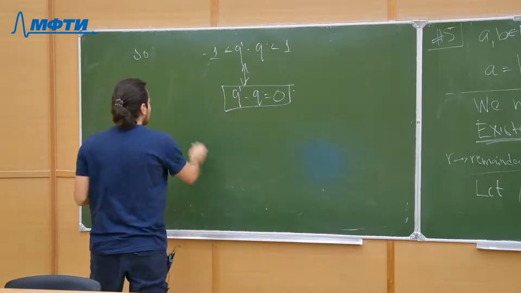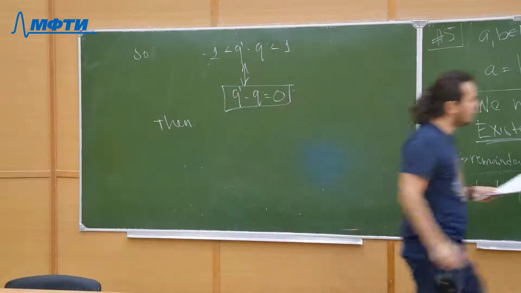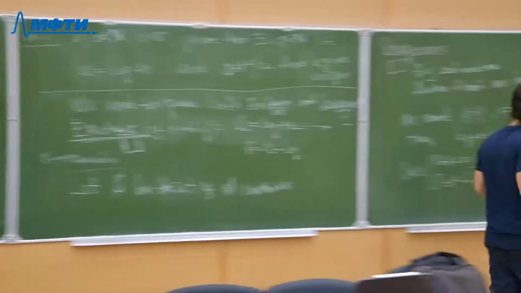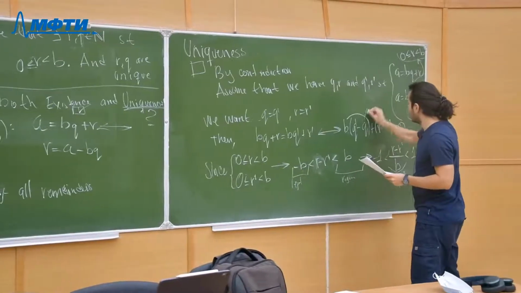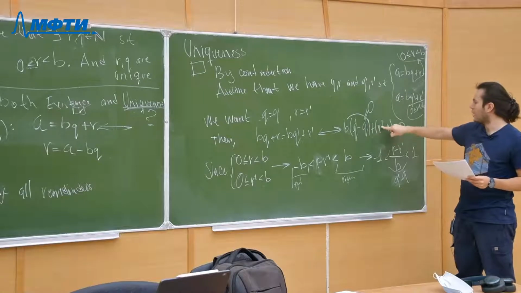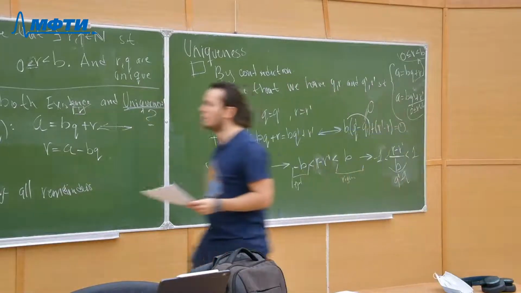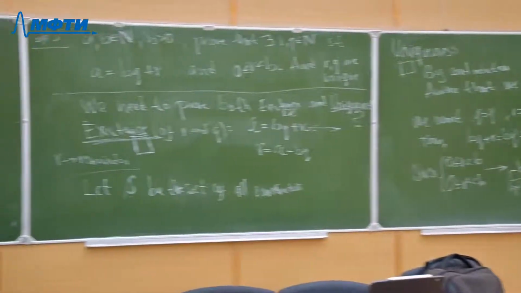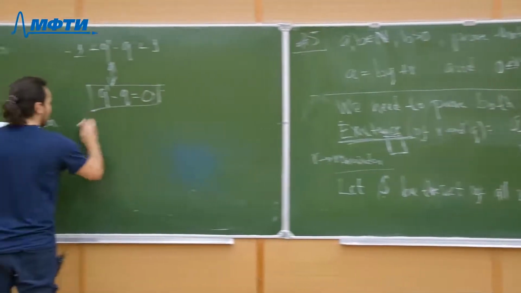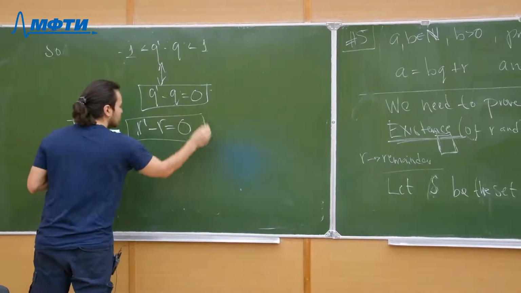And then, if we put 0 here, we found that this is 0. It means that r prime minus r is equal to 0. And that's it.